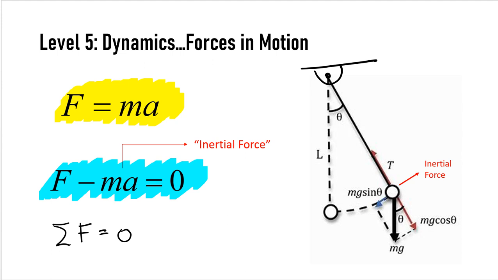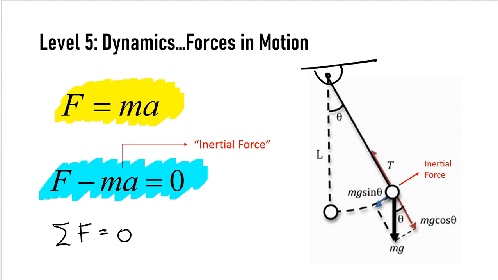So if you think of, for example, a pendulum, an everyday example of a pendulum rotating around a pivot point or fulcrum, you draw the forces. In this case, you have gravity going down, which can be decomposed into the tangential component here in blue and the radial component here in red.